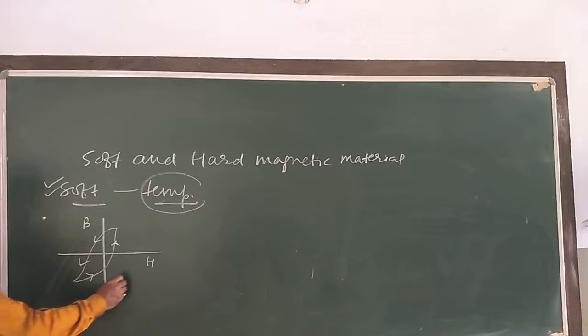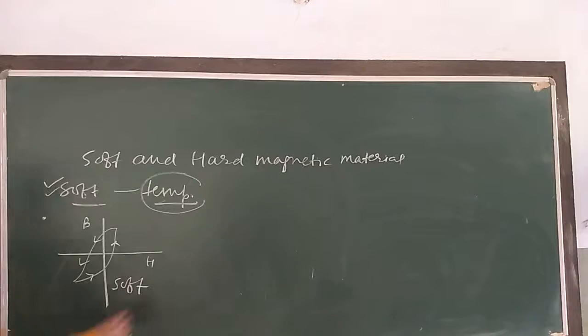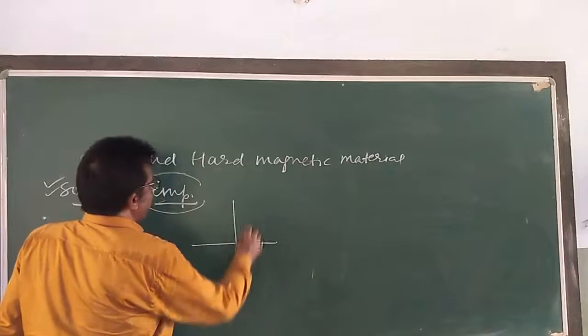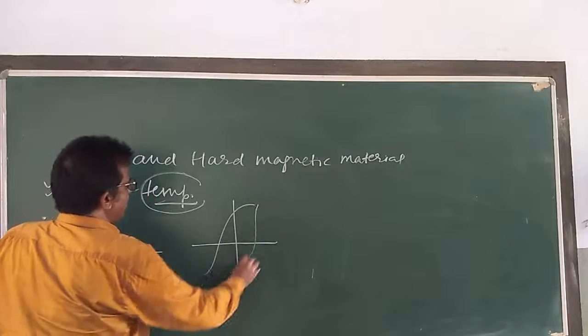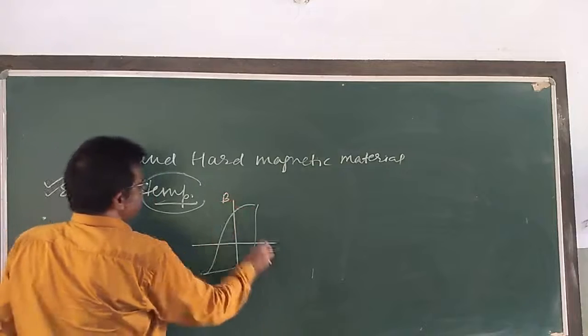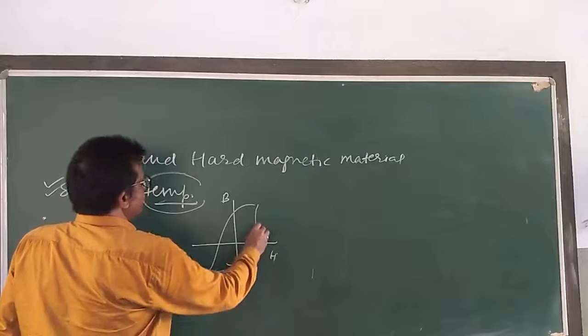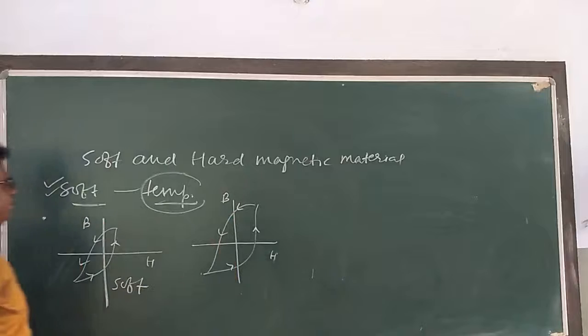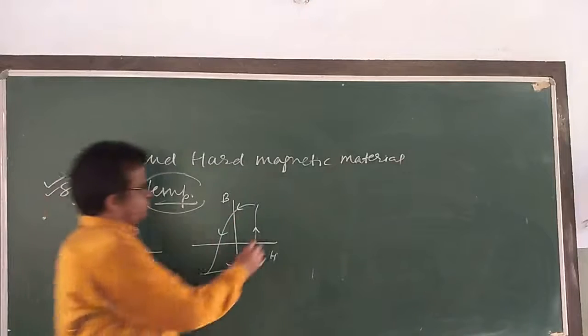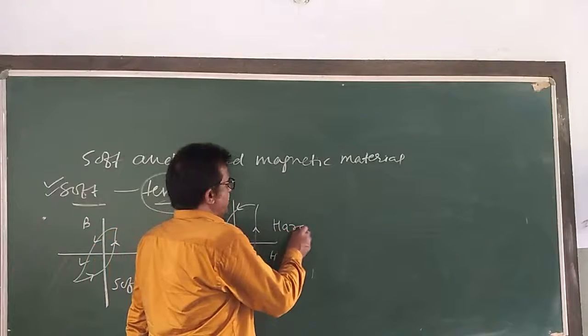And for hard magnetic material, it is like this. So this is for soft and this is for hard.